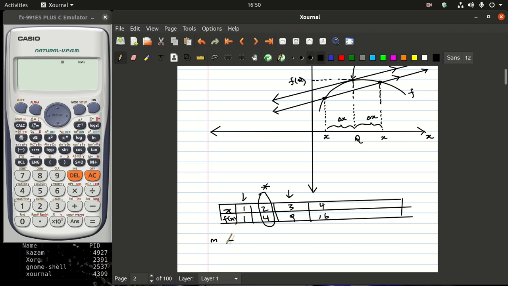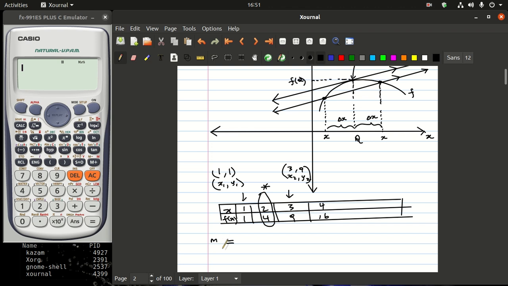And if you look carefully, I'm going to call this one x1. So my x1 and y1 will be something like, whenever x is 1, y is equal to 1. And then I'm going to pick this one as x2 and y2. Whenever x is 3, y is equal to 9.